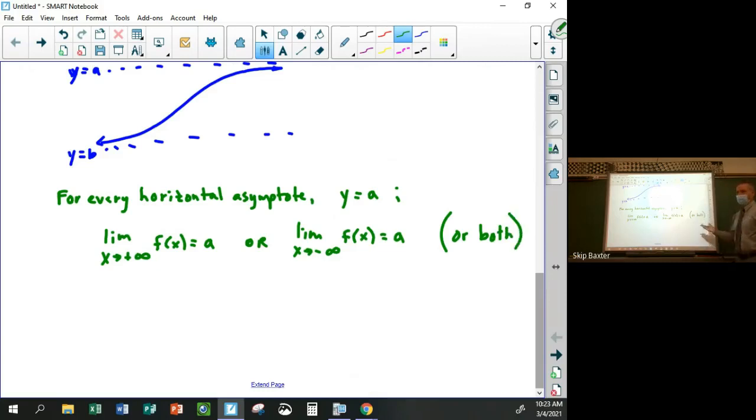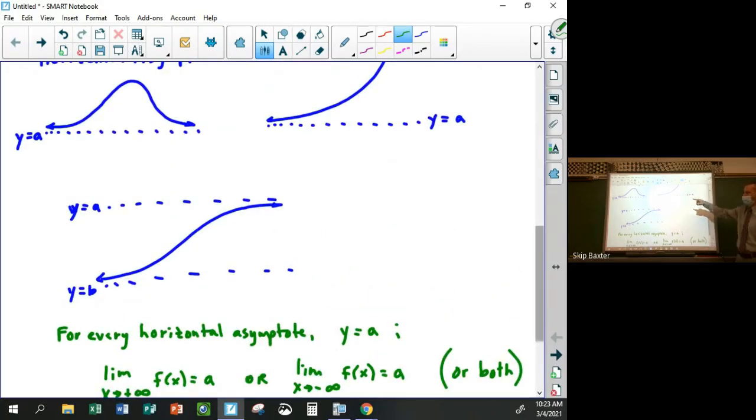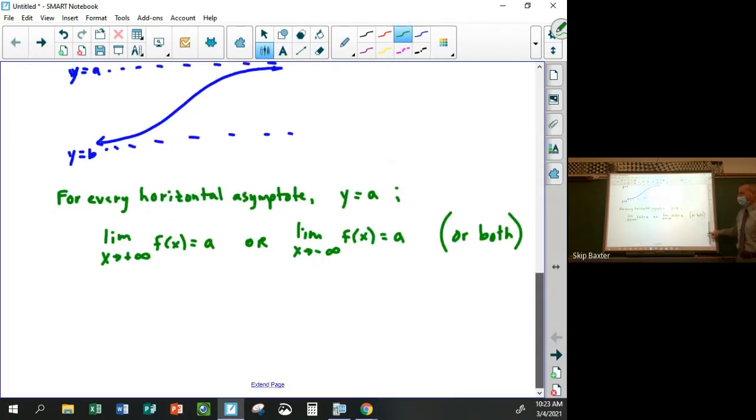That's a summary of what I just said. If there's an asymptote, y equals a, a horizontal line, that means either as you move to the right, you approach that value, or as you move to the left, you approach that value, or possibly both. That's that first situation, right? Where it was going to that asymptote in both directions.